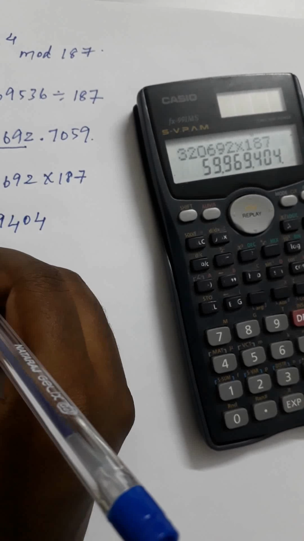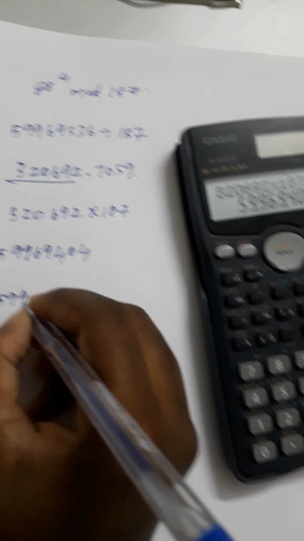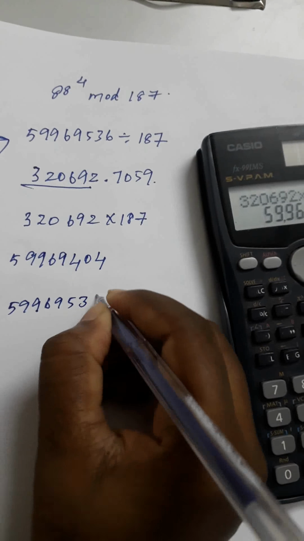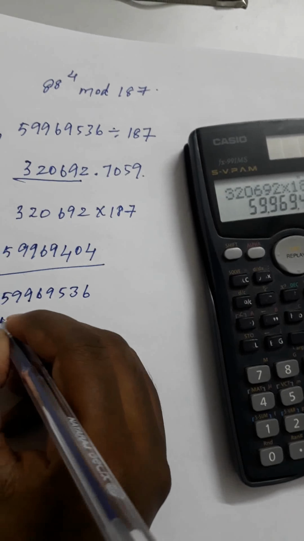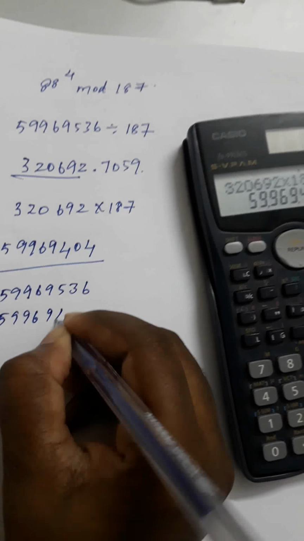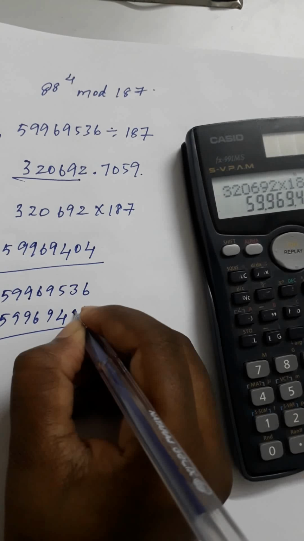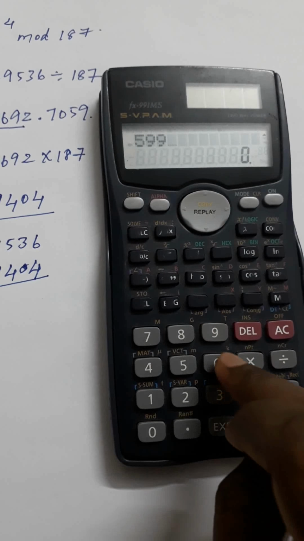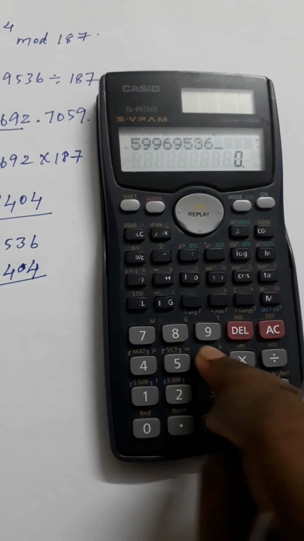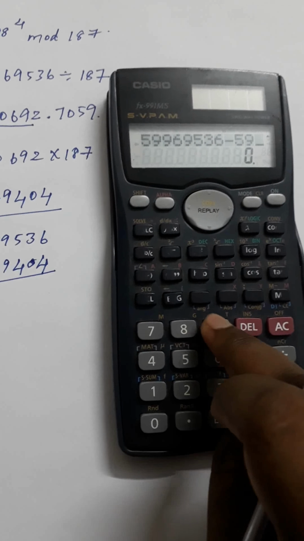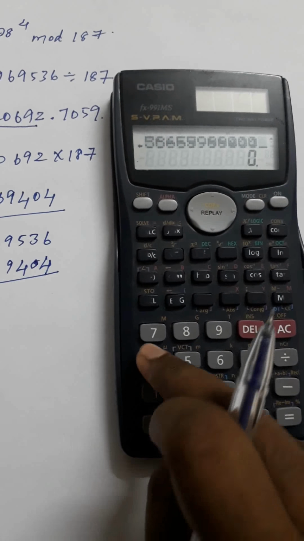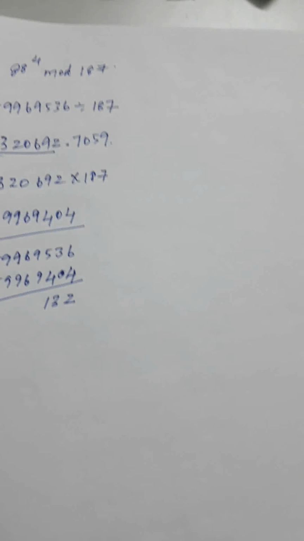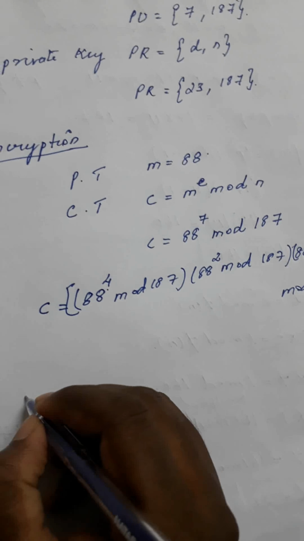Now subtract this value from the value which you have already got, 59,969,536 minus 59,969,404. When you subtract, you get 132.